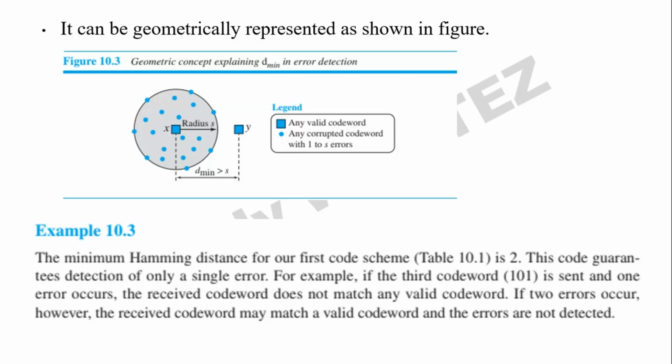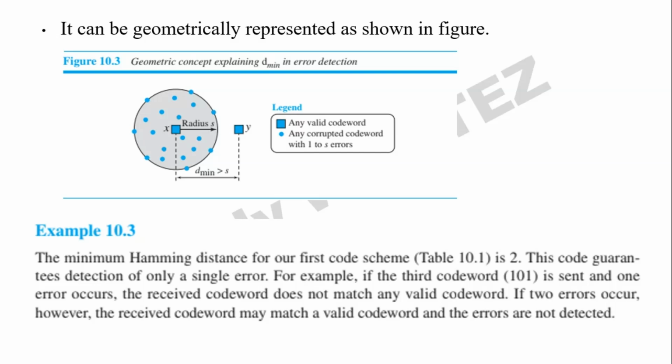So this code will guarantee the detection of only a single error. That is, the 2 is nothing but s plus 1, so 1 plus 1. So it can only detect a single-bit error and not more than that. For example, if the third code word 101 is sent and one error occurs, the received code word does not match any of the valid code words. If two errors occur, however, the received code word may match a valid code word and hence the error might remain undetected.